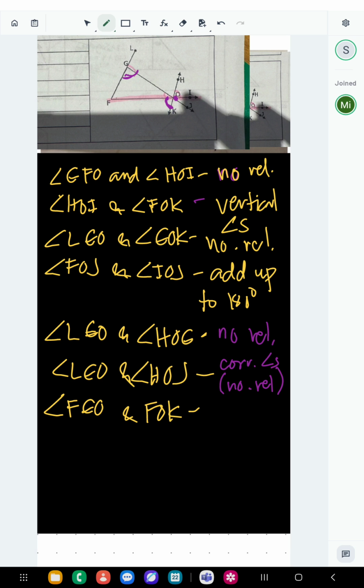Okay, so the relationship between them, FGO and FOK: no relationship, because FOK is outside the triangle and FGO is inside the triangle.